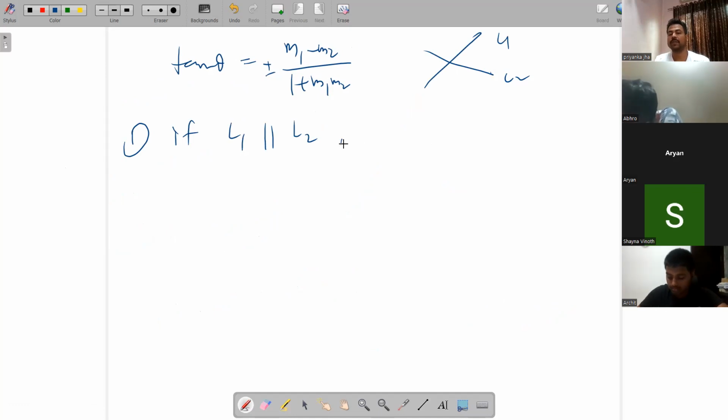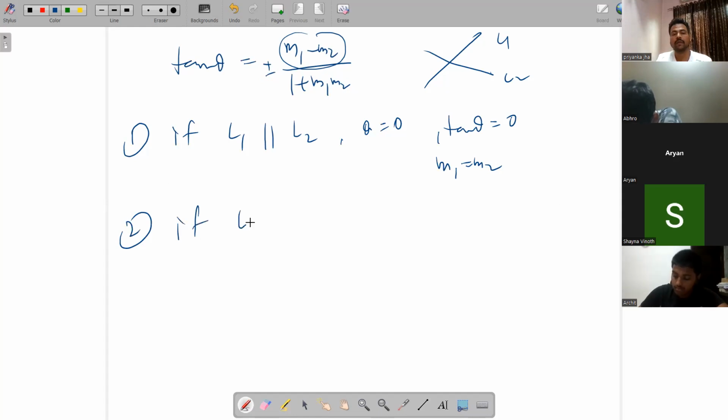It means that theta must be 0. So tan theta must be 0. It means that this whole thing has to be 0. It means that m1 must be equal to m2. Means two parallel lines will have equal slope.